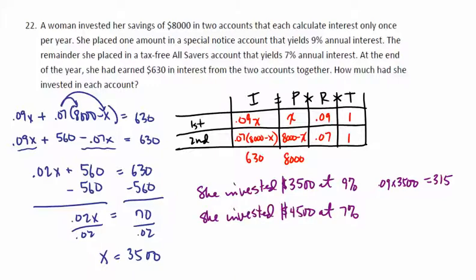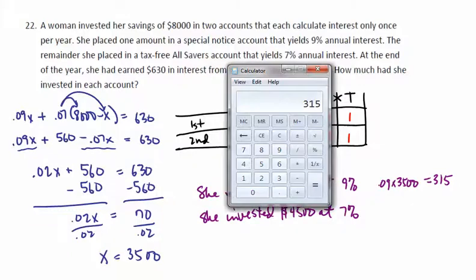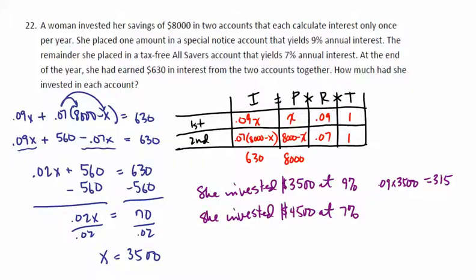Now, if we know that she put $3,500 into the first account, and she had a total of $8,000 invested in both accounts, then it must be 8,000 minus 3,500, or $4,500 invested in the second account.